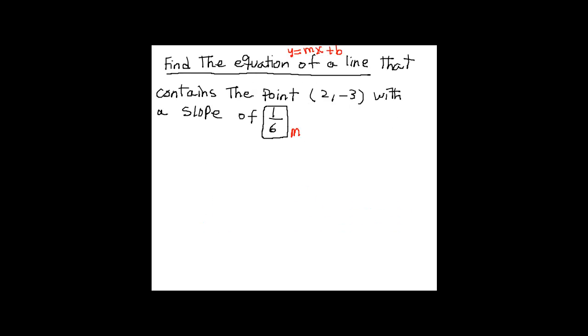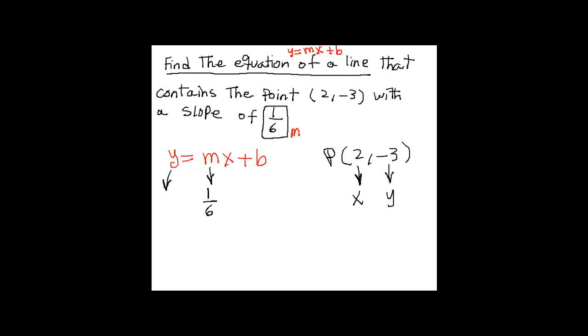All right, so in this case, I'm going to start with y is equal to mx plus b. Now what do I know here? I know the slope is 1 over 6. If I treat the given point as point P, then the first number corresponds to x, the second number corresponds to y. And this is the information I use in this formula to solve for b.